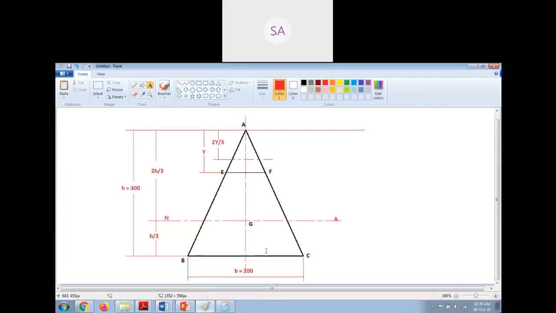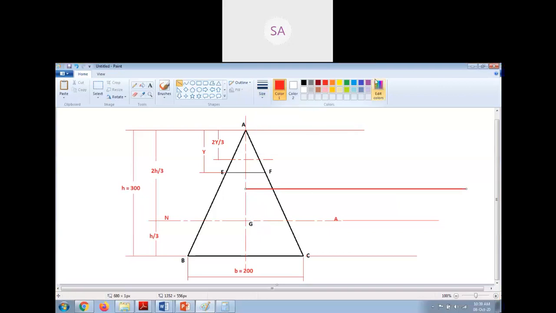Now I can draw the shear stress distribution. For this, again you project all the salient points here. I will need the point at the middle of the triangle along the height.